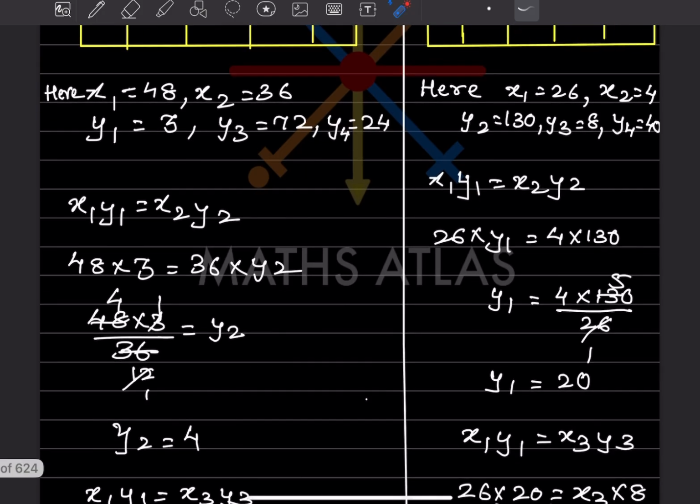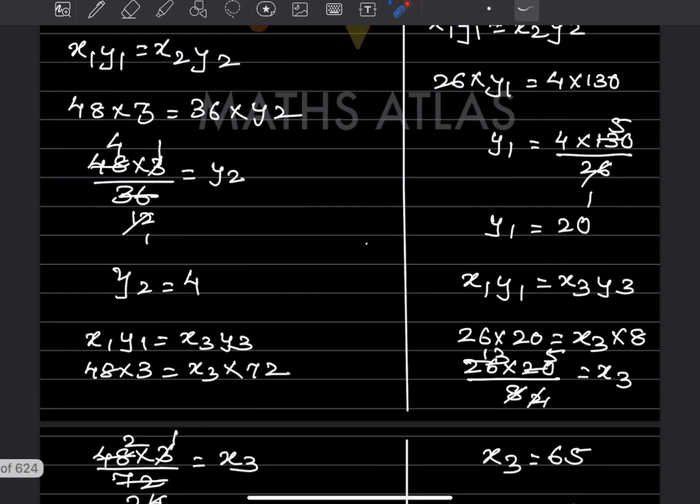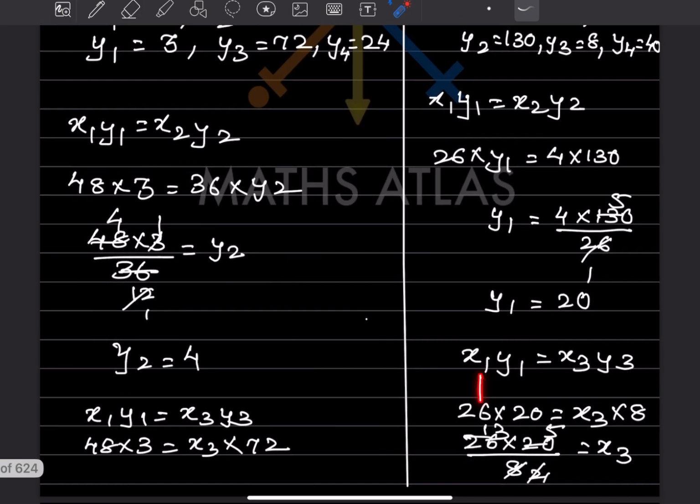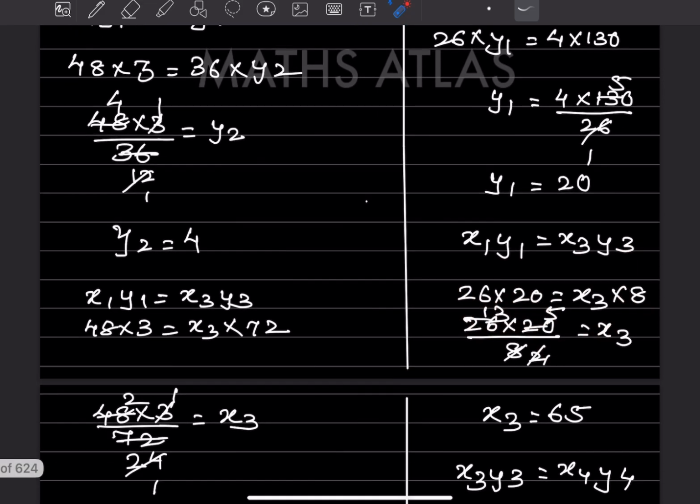Again, now x1 y1 is equal to x3 y3, because we want x3. Here we have the value of x1 as 26 and the value of y1 as 20. We don't know x3, but we know y3. This will get divided. After simplifying, we get x3 as 65.